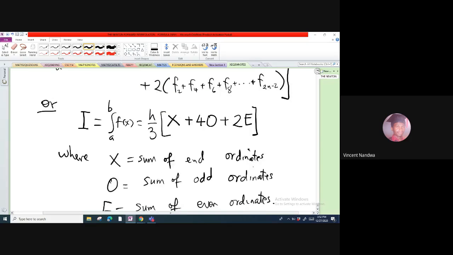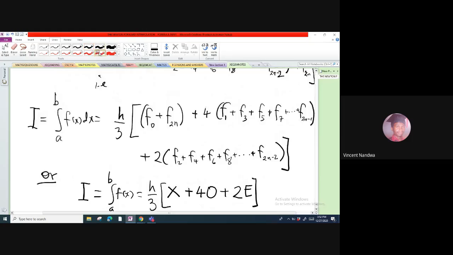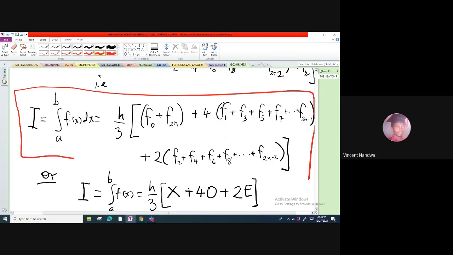So this formula here is what is called the Simpson's third rule.